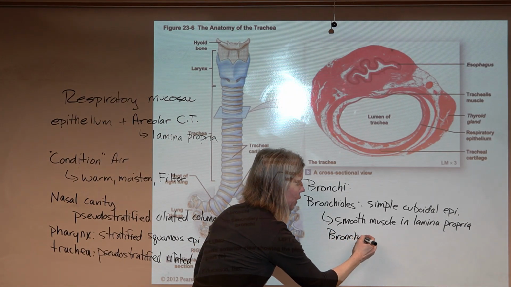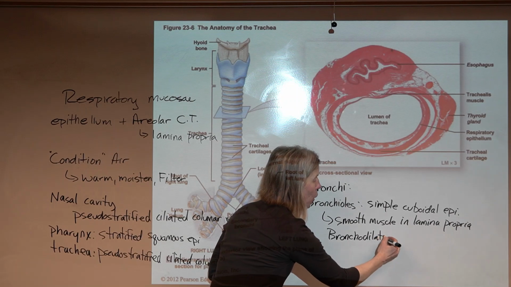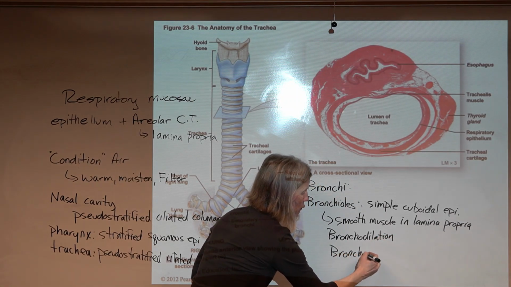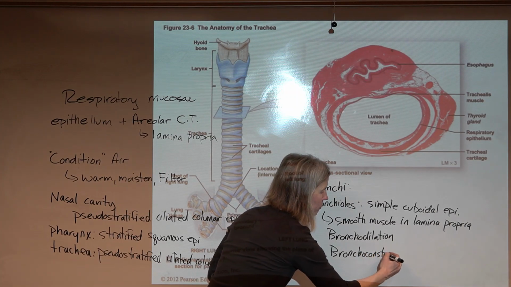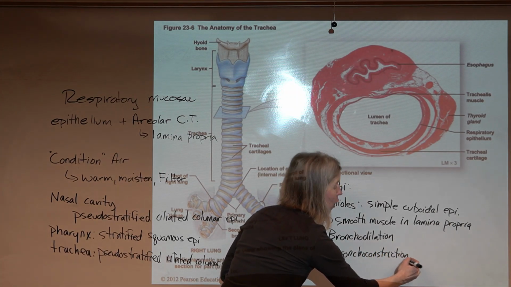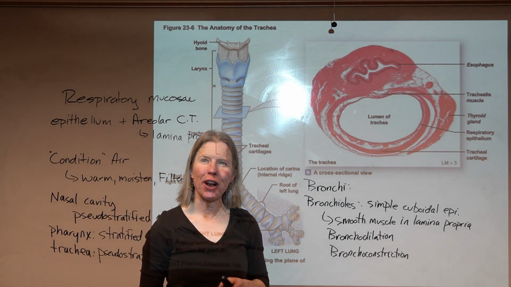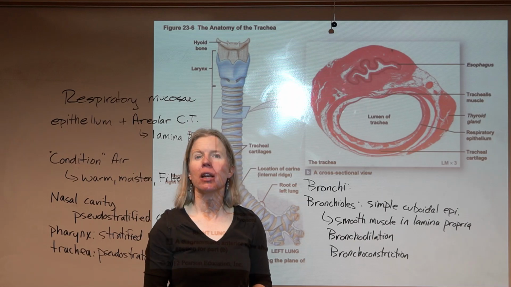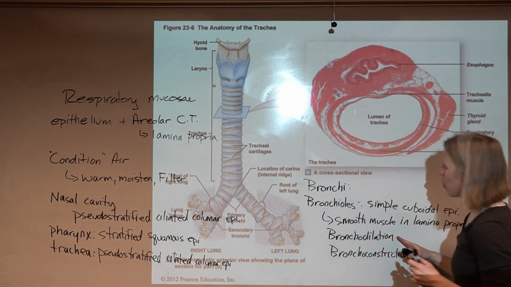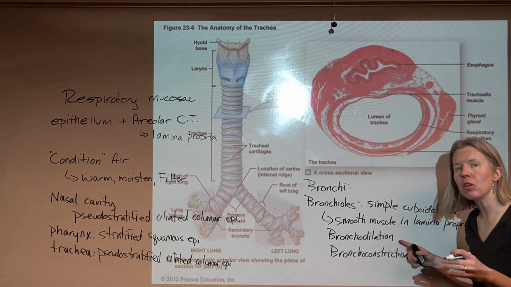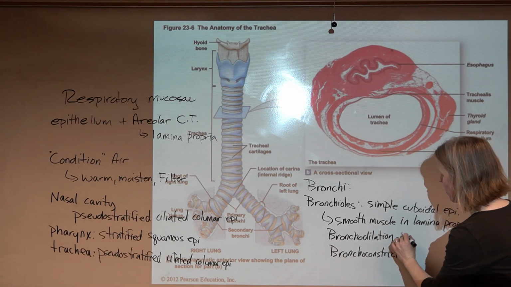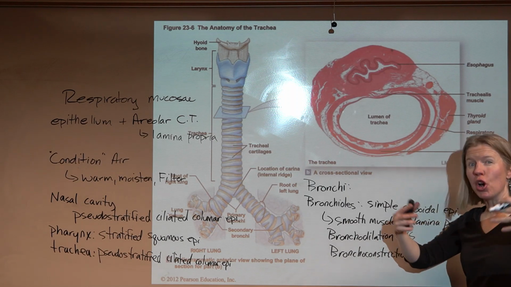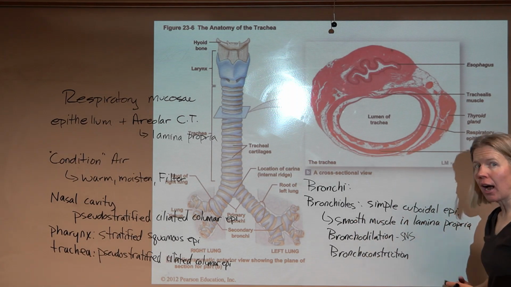So we can do bronchodilation. We can open those airways up, or we can do bronchoconstriction and close them down. Now, what tends to drive students crazy is this is going to be the exact opposite as it was in the arterial system, right? Bronchodilation is a result of sympathetic nervous system inputs, right? Because the fight or flight response, we need to open the airway up and increase oxygenation.